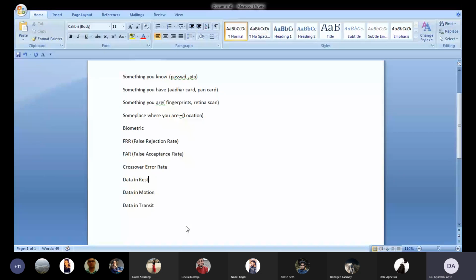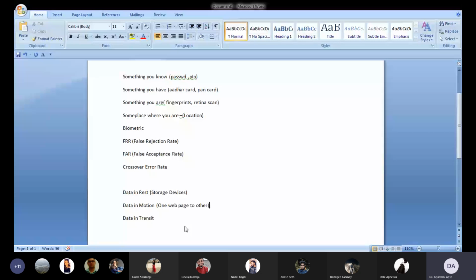When you say data at rest, that is going to be there on the storage devices. When you say data in motion, that is when you are going from one web page to another; at that time the data is in motion.